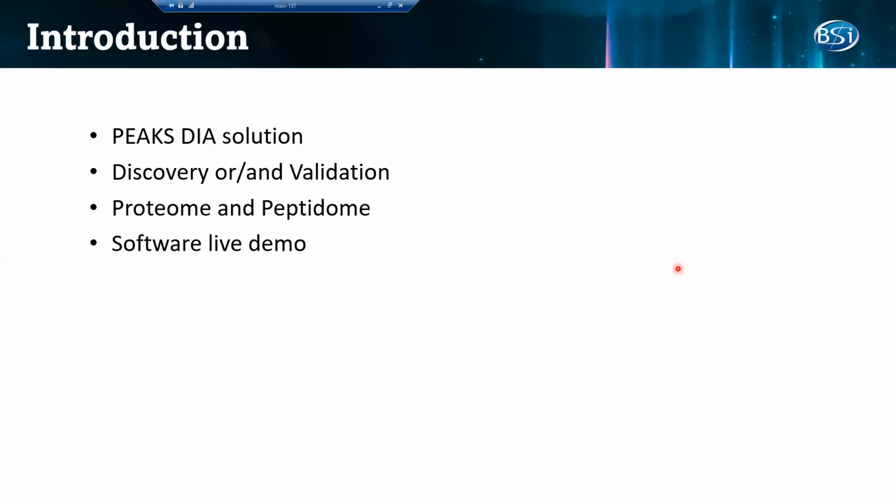Okay, so we can start today's topics. Today we introduce our PEAK DIA solutions at two levels. The first is the function level. In our real research, we usually have 2 steps.